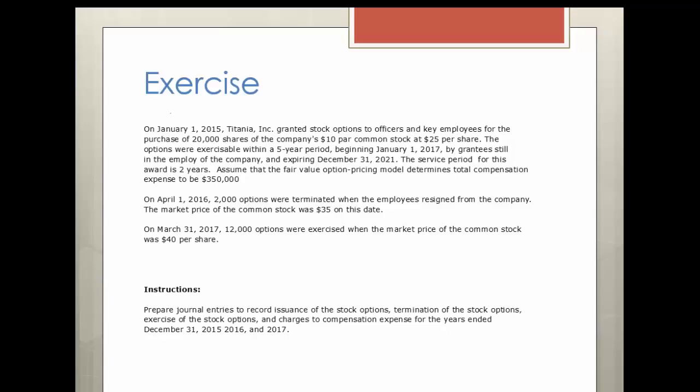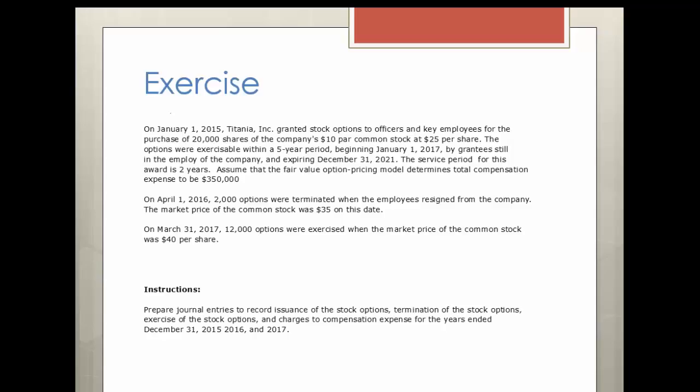The service period for this award is 2 years. Assume that the fair value option pricing model determines total compensation expense to be $350,000. So we're looking at a stock option that creates value for a multi-year period.